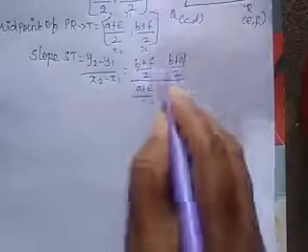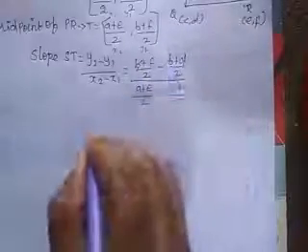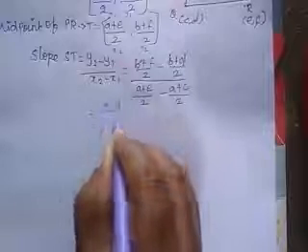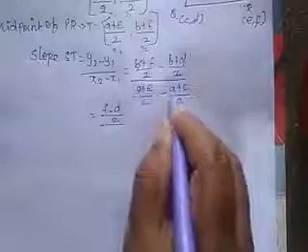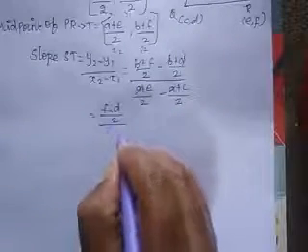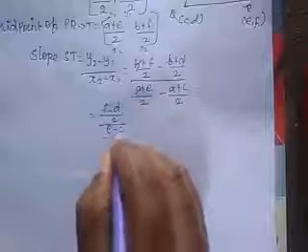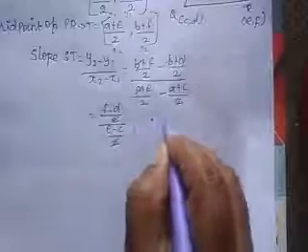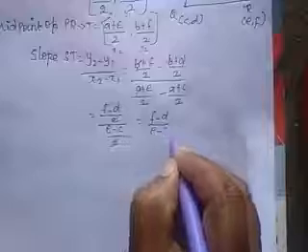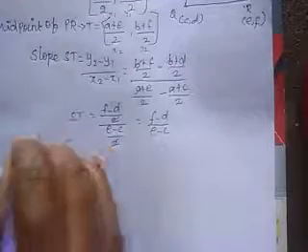Plus B and minus B both cancel. The remaining is F minus D by 2. Then plus A minus A cancel. E minus C by 2. The denominators are same, so they cancel. The remaining is F minus D by E minus C.